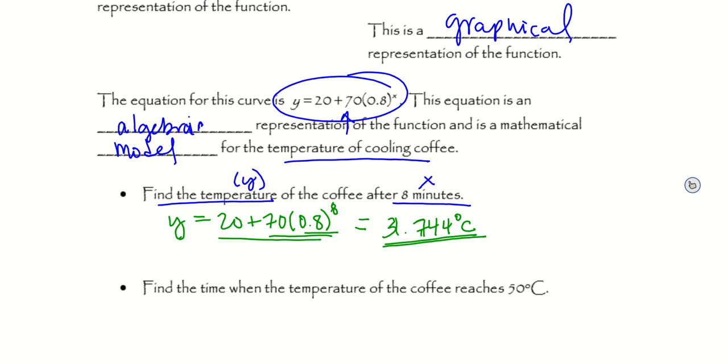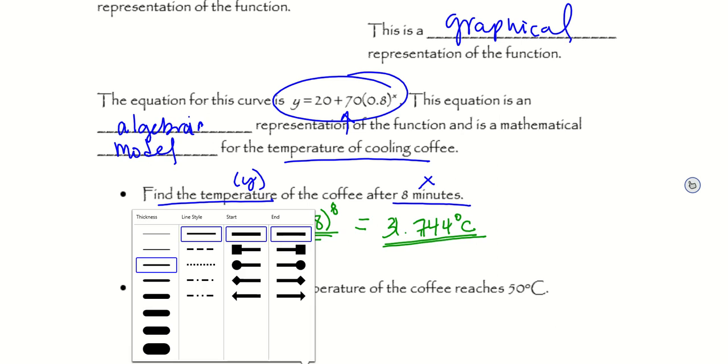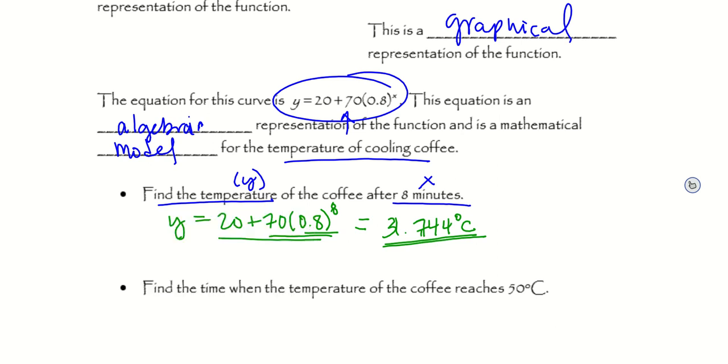Well, let's reverse this. Could we use our equation, right, that mathematical model, to find the time, again our time is our x, when the temperature of the coffee reaches 50 degrees Celsius, that's our y. So if we replace y in our equation with 50, and we write our equation, leaving x as our variable, to find that time, we would need to solve this equation.